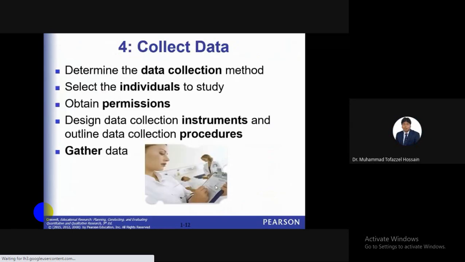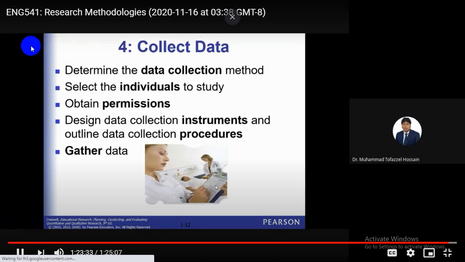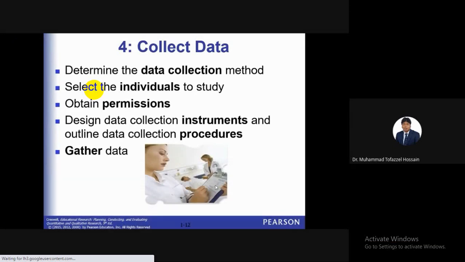Then how can you collect data? First you have to determine the data collection method. You should know what the method of data collection is. Then you have to select the individuals to study, that is, who you are going to study. Means participants.